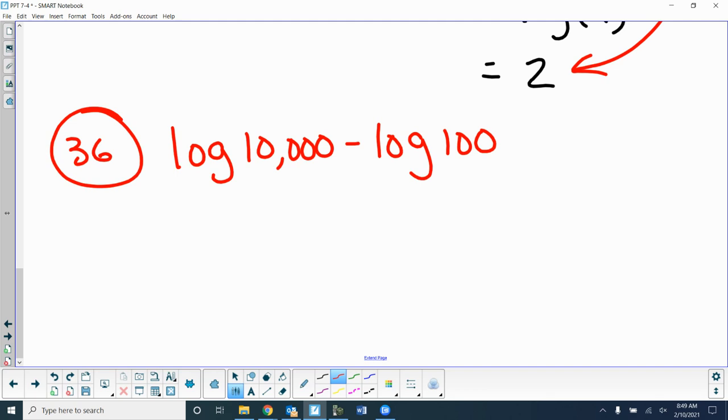Cole Everly. Well, since we did an addition problem just now, we multiplied the two numbers. Yeah, you're going to divide the two numbers. So what is 10,000 divided by 100? It's 100, isn't it?